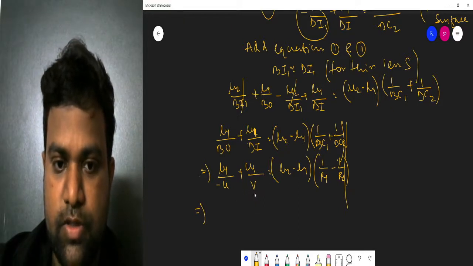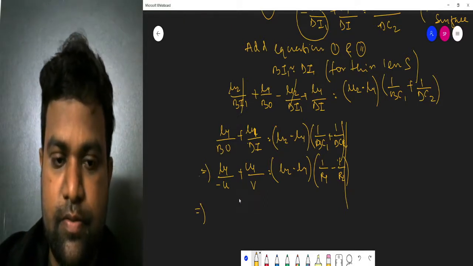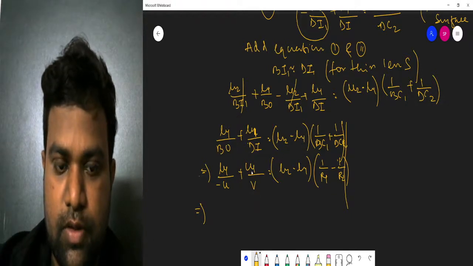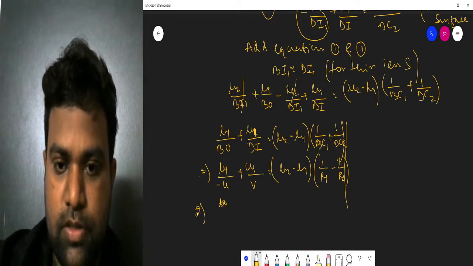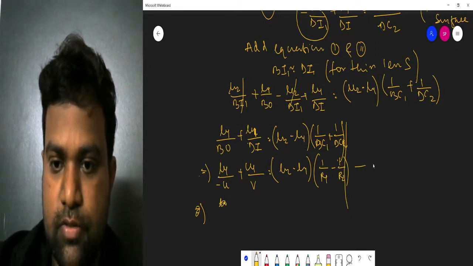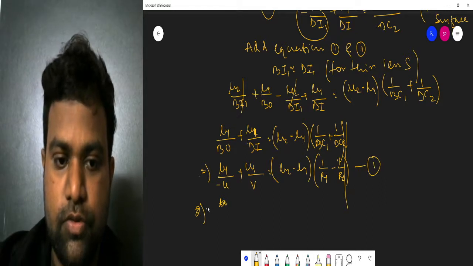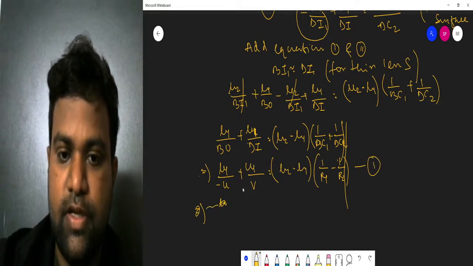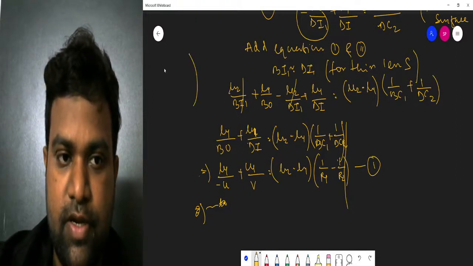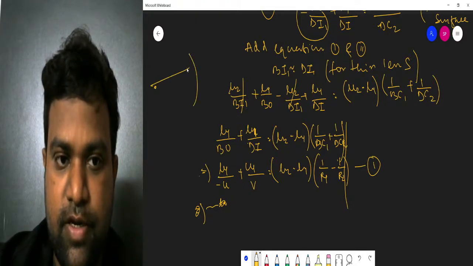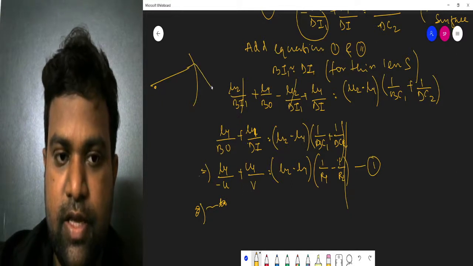This will simplify a little bit, that is mu1. Okay, so this is one equation. Now we'll use one more approximation, that if light is from infinity, this object is at infinity, then the image will be formed.